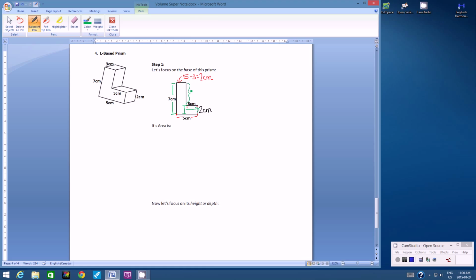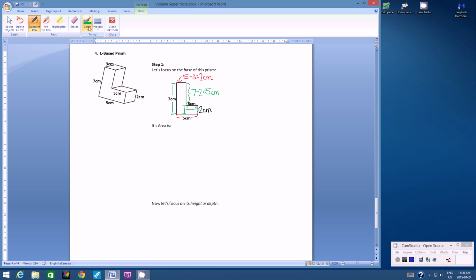So how would we go about solving for this missing length? When you show me your work, hopefully you're writing 7, which is the total of that measurement, minus 2, which is this little bit, and that should give us what's remaining here: 7 minus 2 equals 5 centimeters.